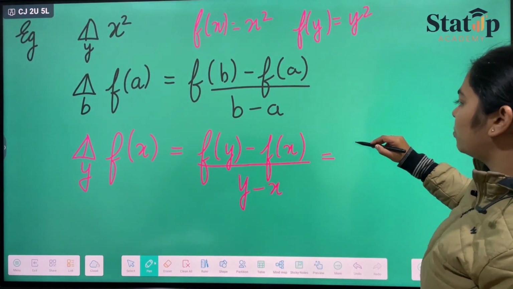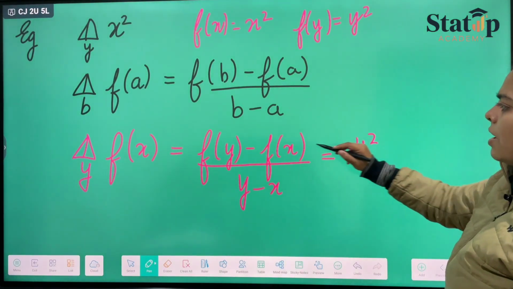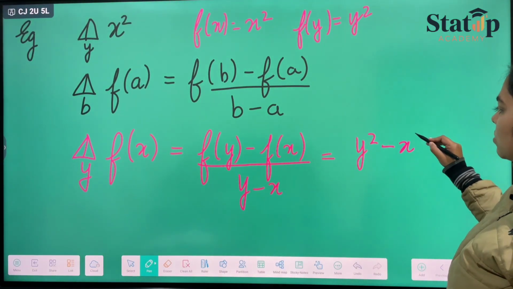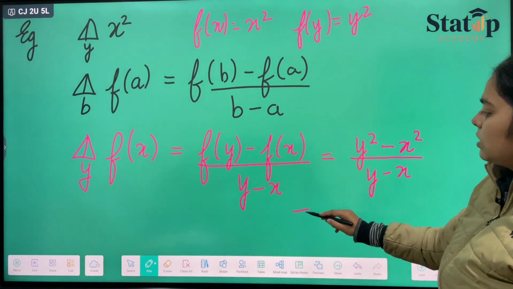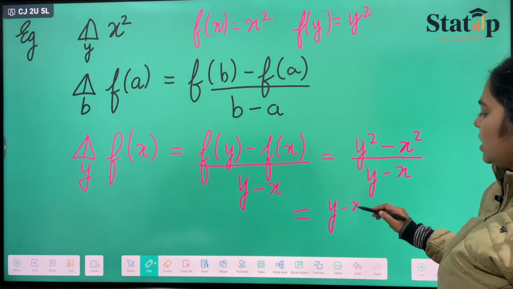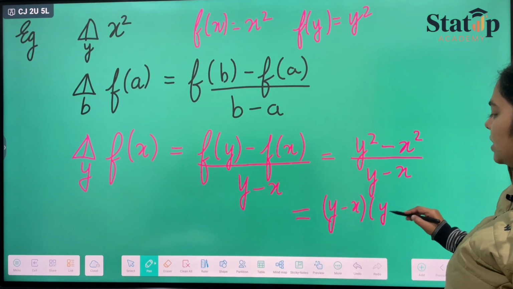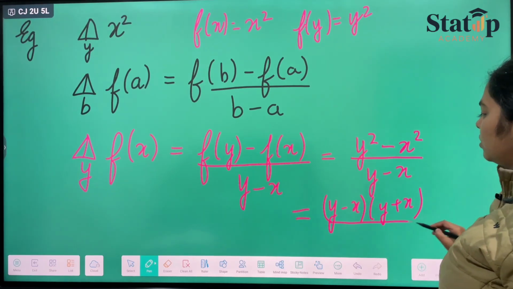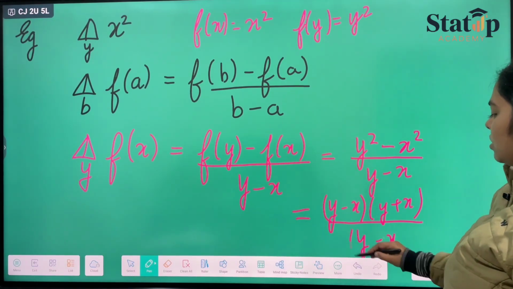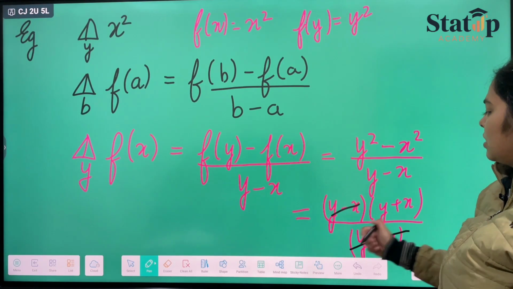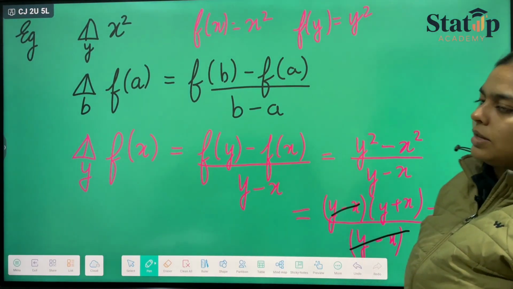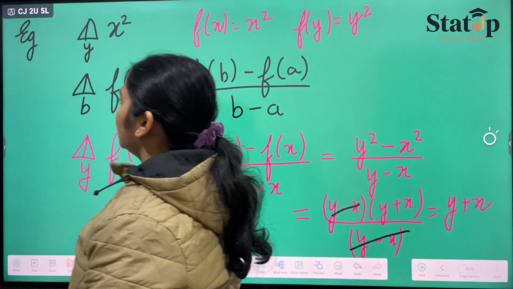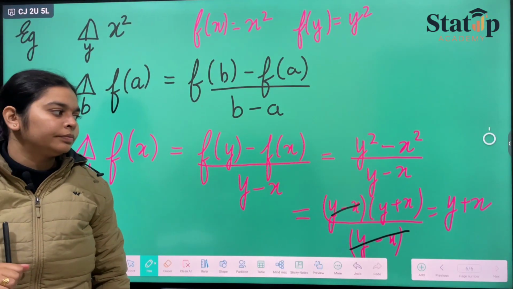So putting the values, y square minus x square upon y minus x. So if we solve this, y minus x into y plus x upon y minus x. These two will get cancelled and we'll be left with y plus x. This is the answer of our delta y of x square.